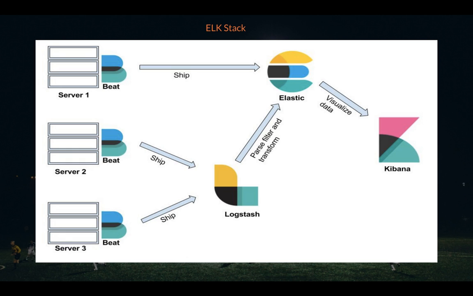Moving forward, you can see in this diagram server 1, server 2, and server 3. Suppose these are microservices or web applications running on your cloud platform. Suppose we want to get the logs of server 1 into our Elasticsearch. We will use Filebeat.